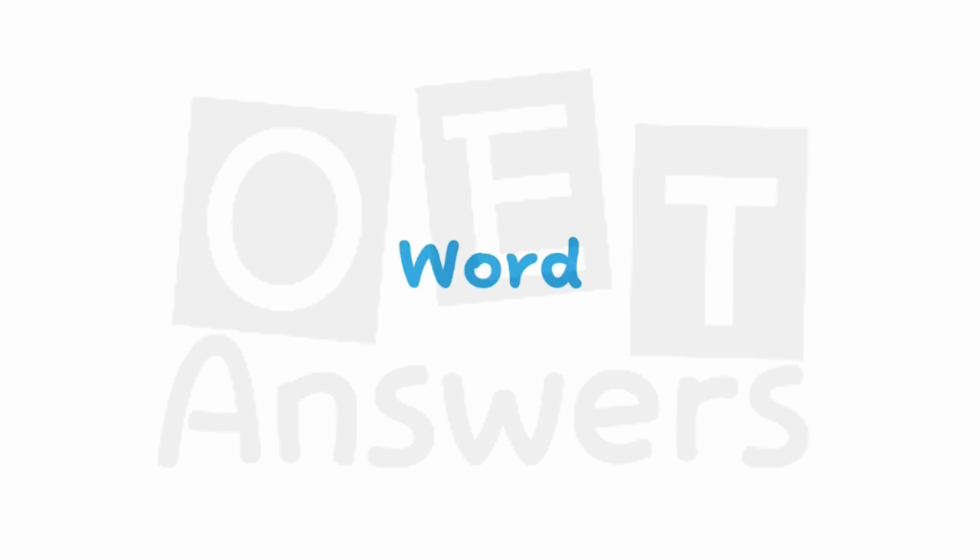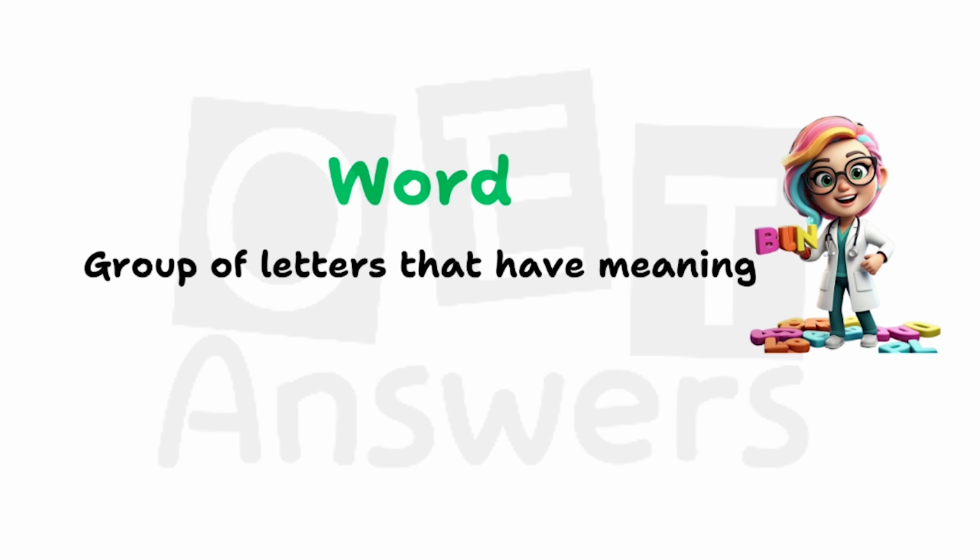Then what do you mean by word? Words are a group of letters with a particular meaning, right? I will give a few examples here. When letters join together, we call it a word.